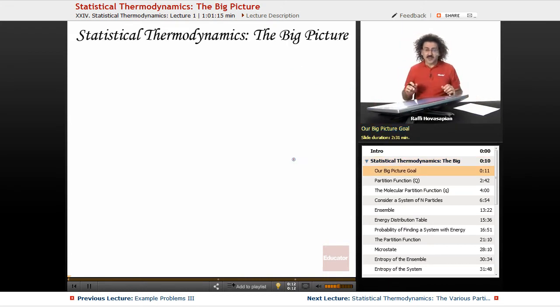Okay, so I wanted to go through this big picture of what statistical thermodynamics is so that we know why we're doing this. What's our overarching goal? What is it that we're trying to achieve?